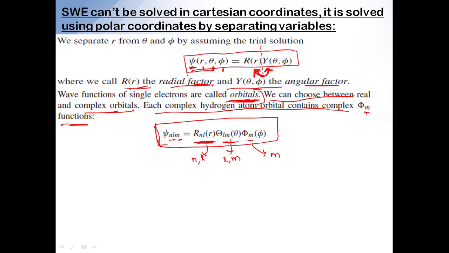When you solve the Schrodinger's wave equation, it transforms into two variables or two parts. One is the radial part and the other is the angular part. The radial part gives information about n and l. The angular part gives information about l and m.